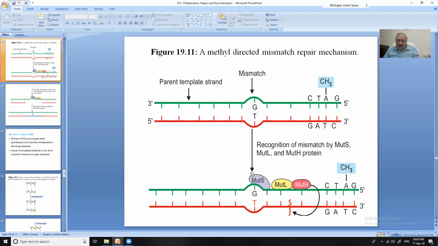So what is happening? These 3 proteins, MutS, MutL, and MutH, in a coordinating manner, remove this fragment from this place as well as from this place, because they are removing the T and they will fix the C here.